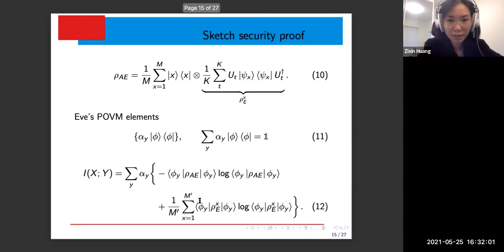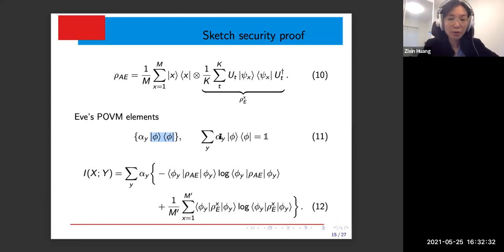Right. So I'll just leave that quantity on the screen here. The starting point is that quantum mechanics dictates that the best measurement that describes what Eve can do is described by a set of POVM elements given by this expression over here, where you have alpha of y multiplied by these phi vectors.